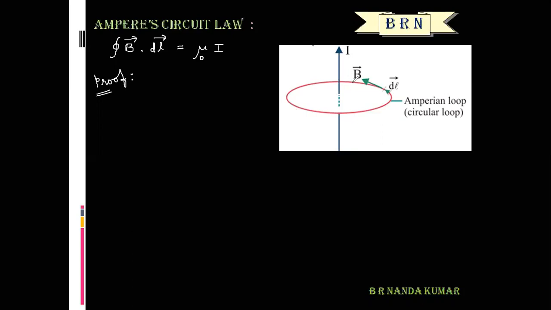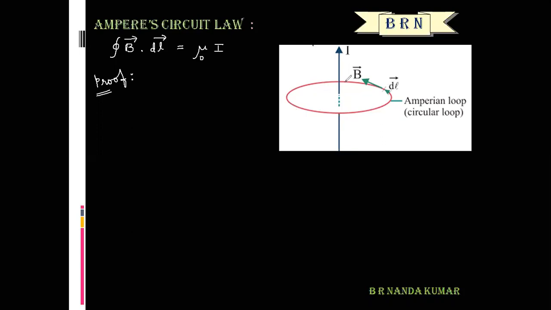The direction of magnetic field can be determined by using the right hand thumb rule. The straight current carrying conductor is held in the right hand, thumb pointing in the direction of current. The fingers encircle the conductor, which gives the direction of magnetic field.